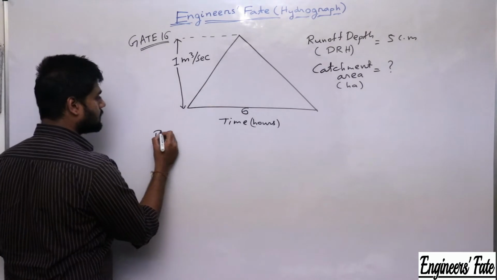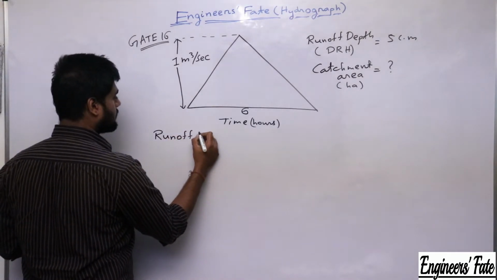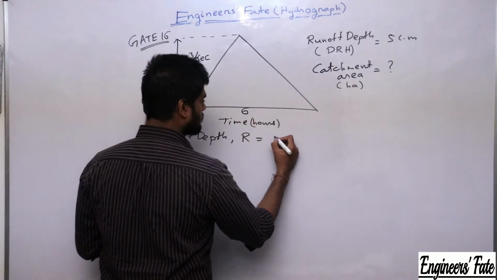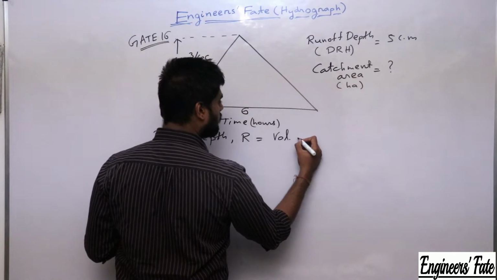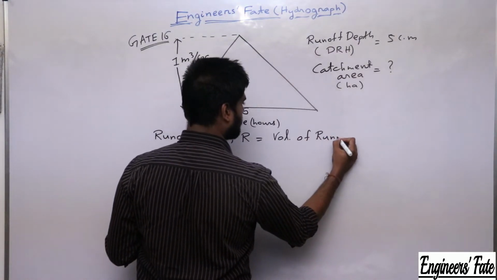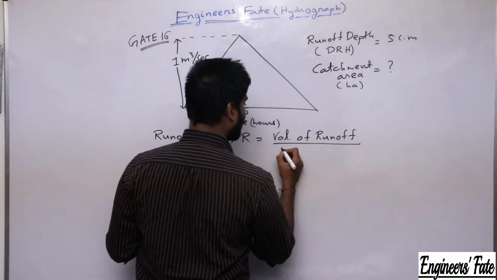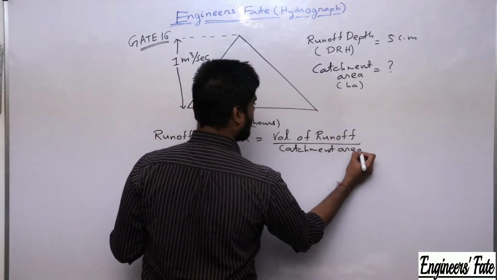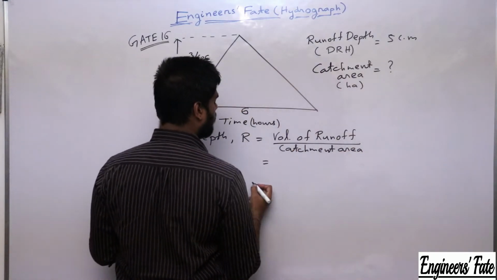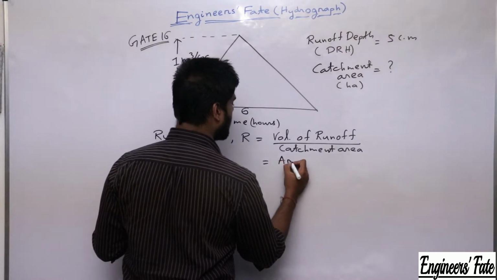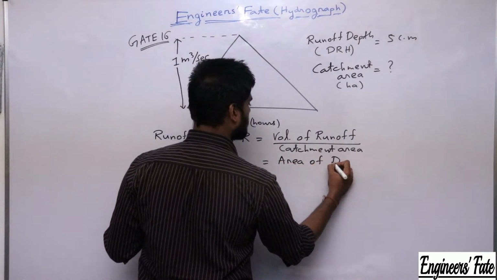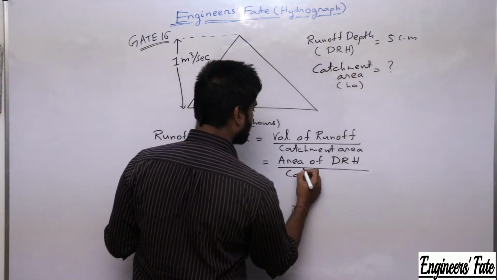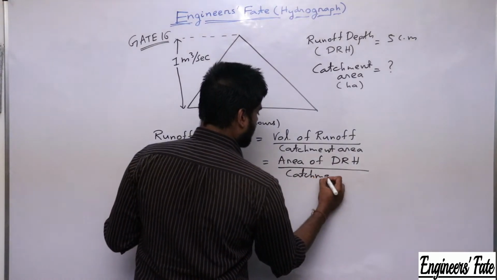We know that the runoff depth is equal to volume of runoff divided by catchment area. And I have told you what the volume of runoff is. Volume of runoff is nothing but the area of DRH.